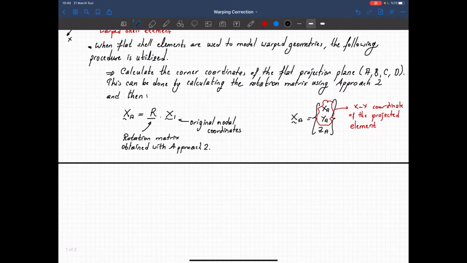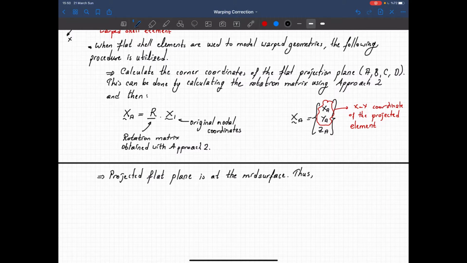But what we know is the projected flat plane is at the mid surface. Okay, we just calculated the flat plane by using the coordinate axis of the mid surface.